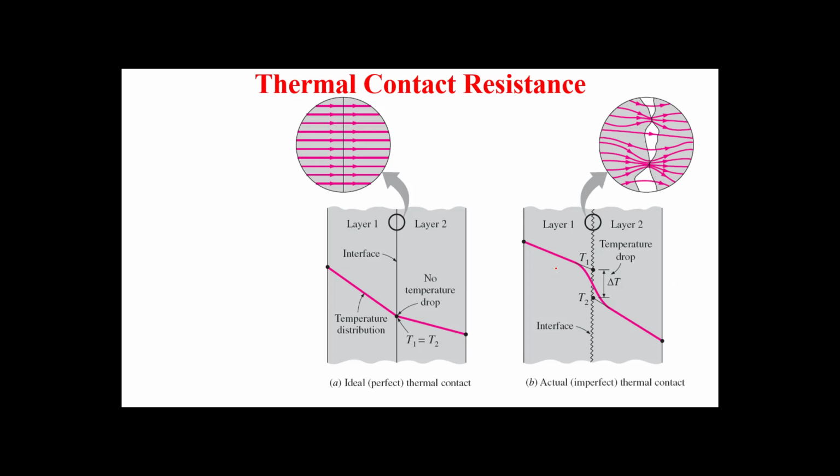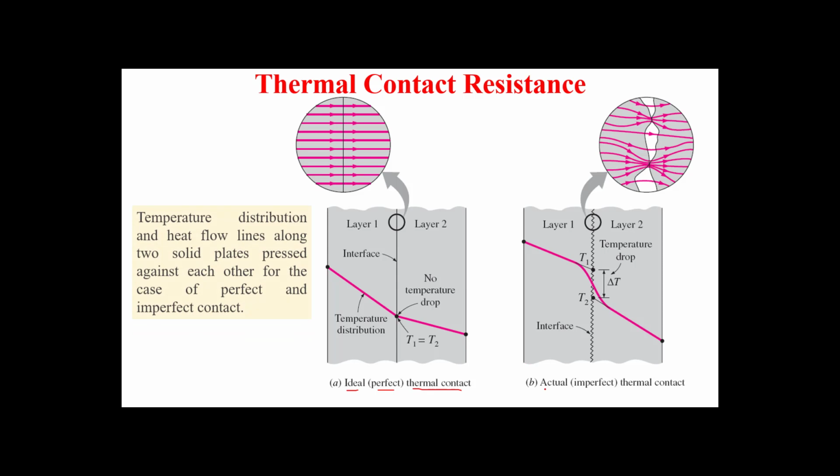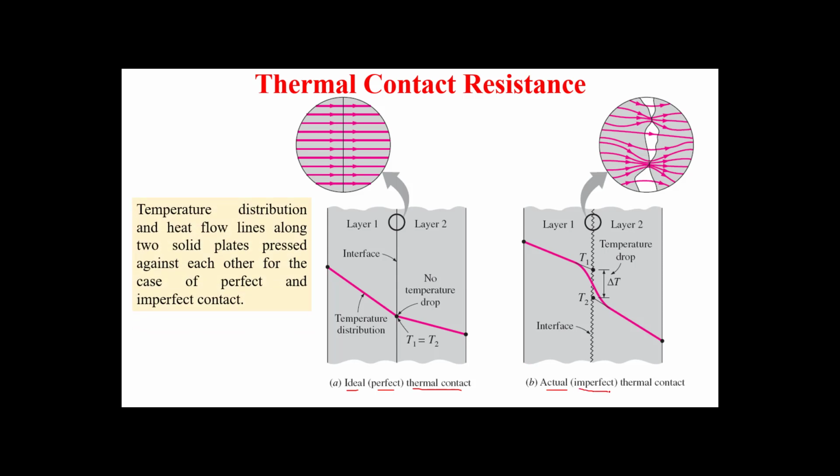Thermal contact resistance. Thermal contact resistance appears when we are talking about multi-layer walls. Here we have two examples. This is ideal or perfect thermal contact. Here is the actual, or imperfect, thermal contact between two layers.